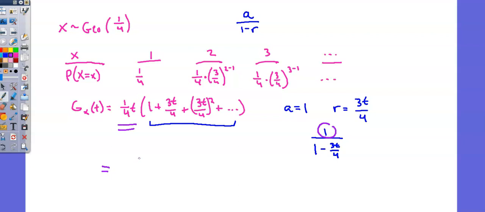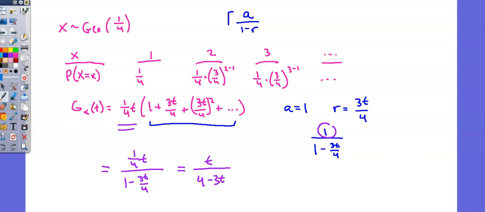Then I will end up with the form of 1 over 4 t over 1 minus 3t over 4. And if I multiply all of the terms by 4, I end up with t over 4 minus 3t.